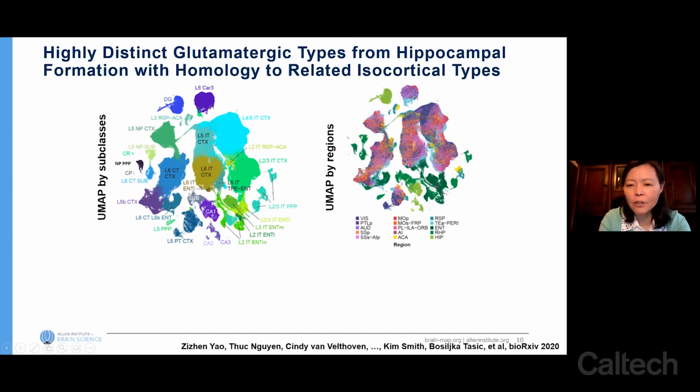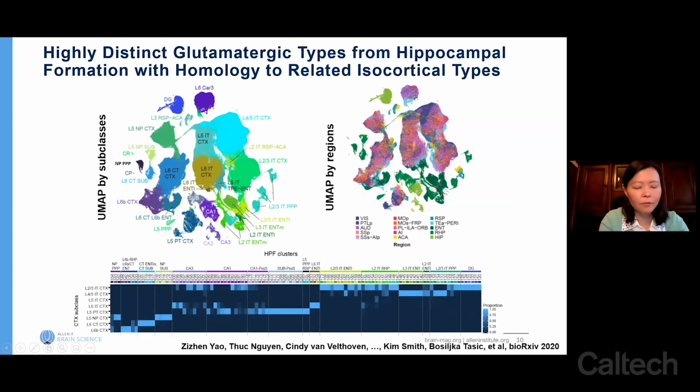And then besides those major continents, we see a lot of little tiny greenish islands that are cell types that come from hippocampal formation, strategically positioned right next to those major types.